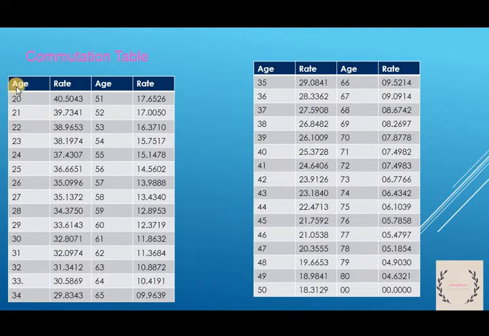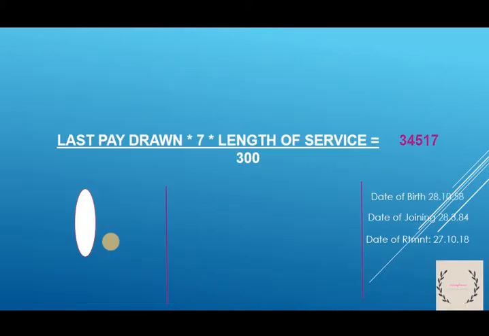Here it is the age column from 20 on to 60 and above 60 to approximately 80 years. And the individual who is retiring, his age is 60 years. The superannuating pension, and the rate is 12.3719, and we are going to explain it in this slide.